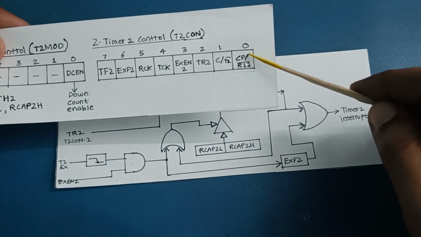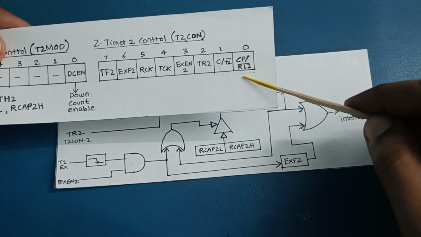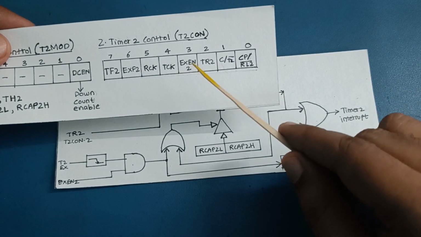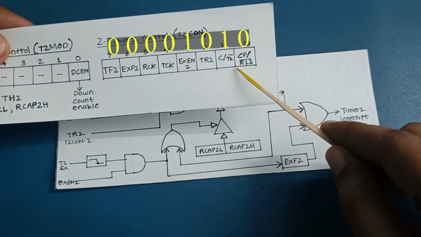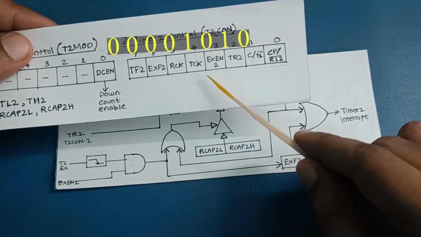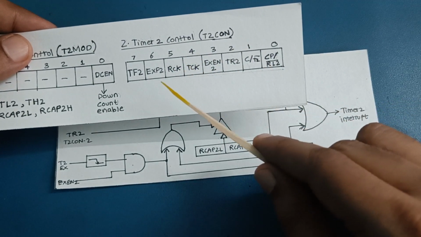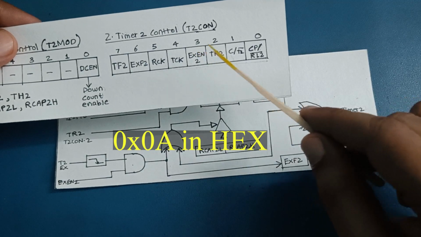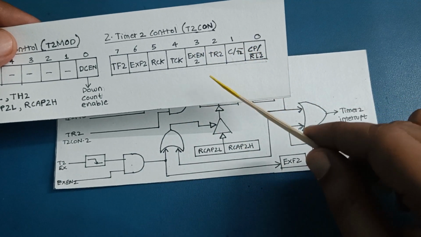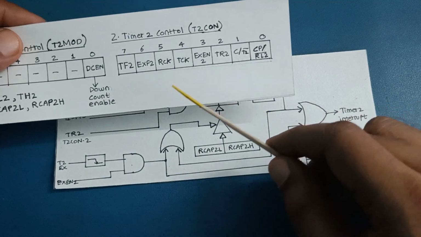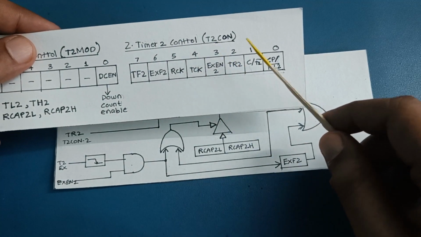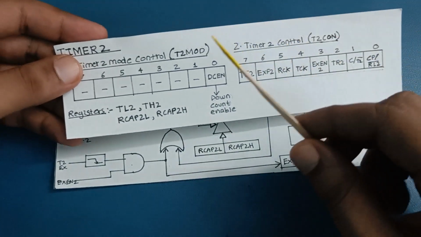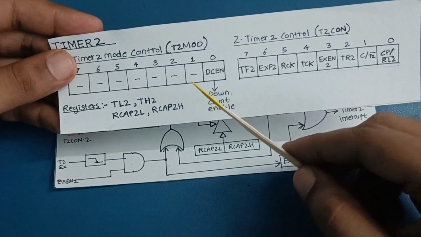So we'll keep this CP/RL2 bit 0. So the value is 1 0 1 0, and this all will be 0. So T2CON will store 0A. 8 plus 2 is 10, and 10 is A in hexadecimal. So the value will be 0A to be stored in the T2CON register. T2MOD will hold 0x00.